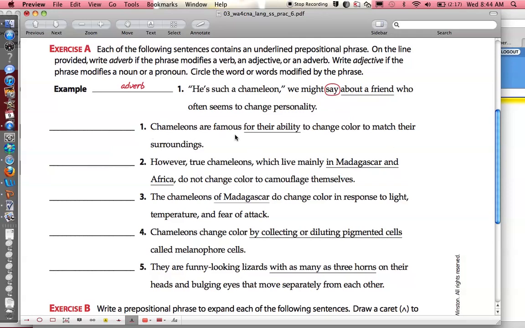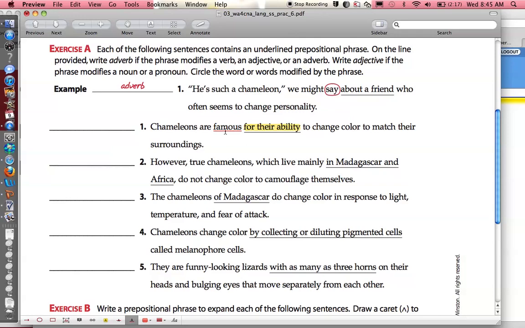Chameleons are famous for their ability to change color to match their surroundings. So our prepositional phrase is identified for us. It's for their ability. So what is that telling us more about? It's telling us more about why are they famous.